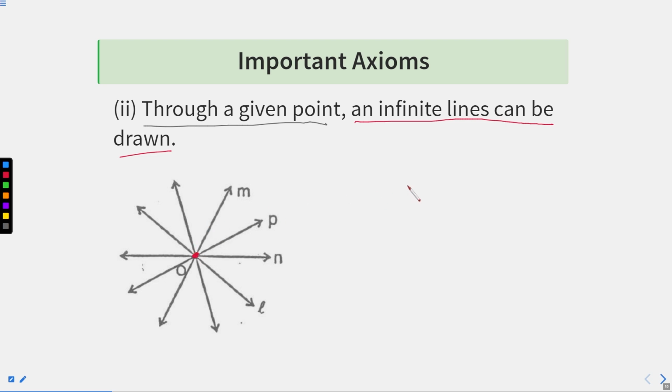If someone says draw 100 lines from this point, you can easily draw them like this. Infinitely means whatever the number someone says, you can draw it without facing any difficulty. I hope this second axiom is also clear.